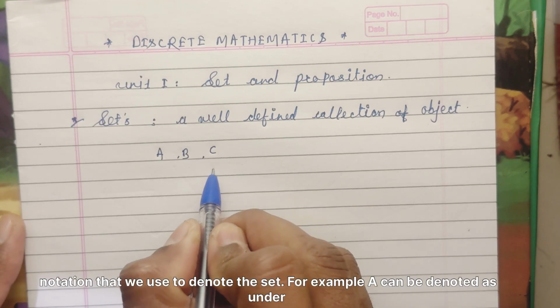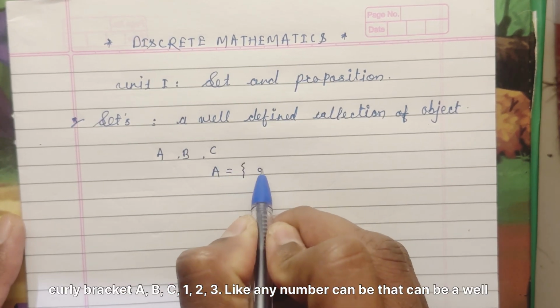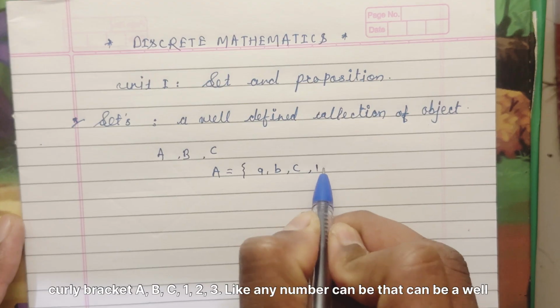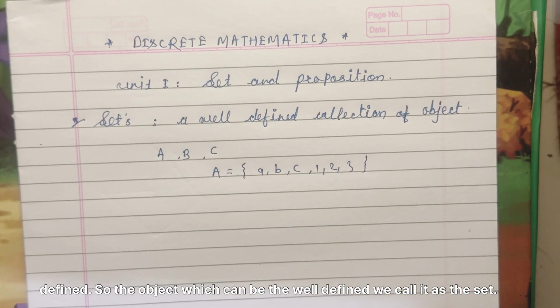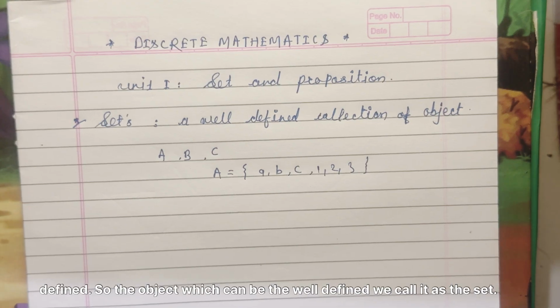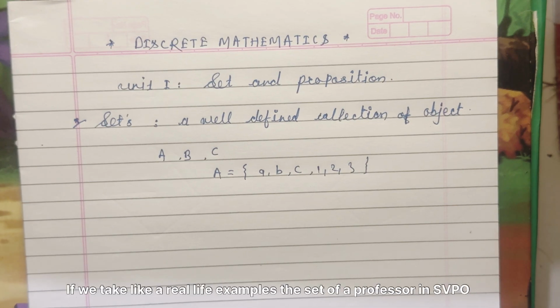For example, A can be denoted as, in curly brackets, {a, b, c, 1, 2, 3}. Any such objects can be well defined. The objects which are well defined, we call a set. If we take real life examples, the set of professors in SPPU university.